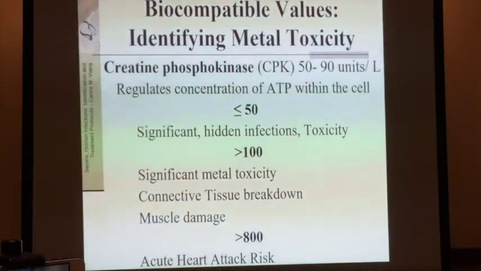And more than 100, you also have connective tissue breakdown and muscle damage. This is also happening, obviously, in the mouth. If you have an individual who has close to 800 creatine phosphokinase, CPK, you don't want them in your chair. They're really at high risk for a cardiovascular incident.